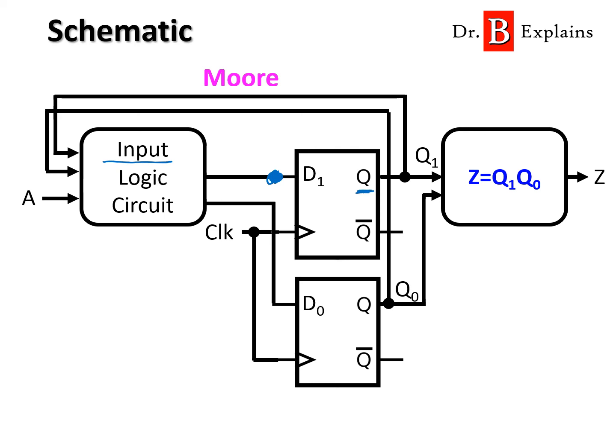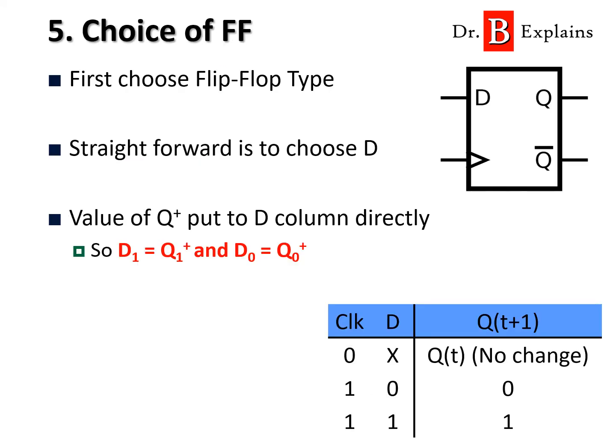So we're going to do that next, and we do that with what is called the flip-flop input table. So we're telling what is the input for the flip-flop that we want. In the case of the D, it's straightforward because we can put the value of Q plus, and what is Q plus? That's the value that we want. That's actually the next state.